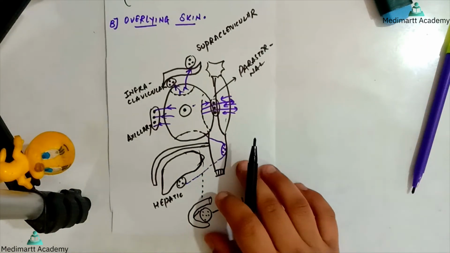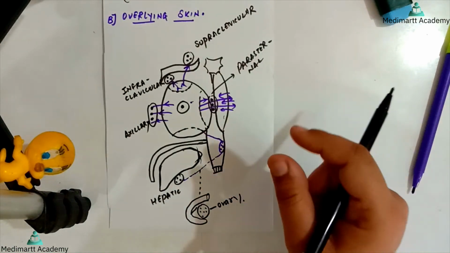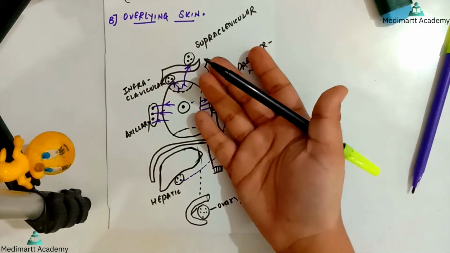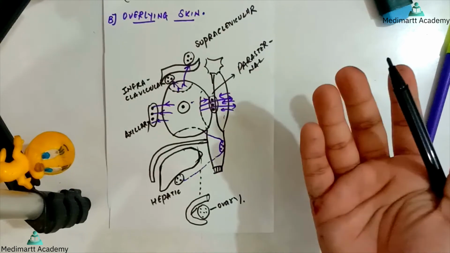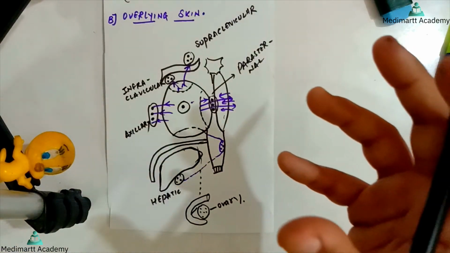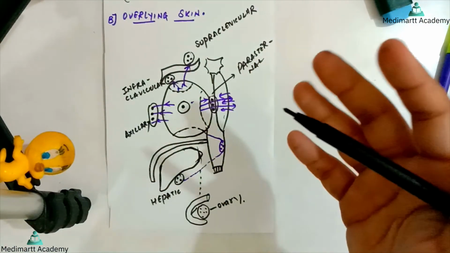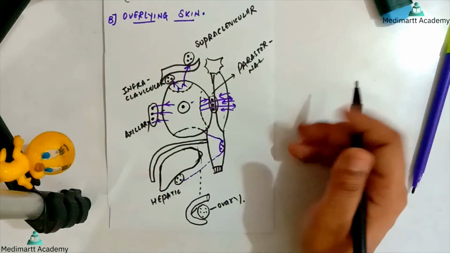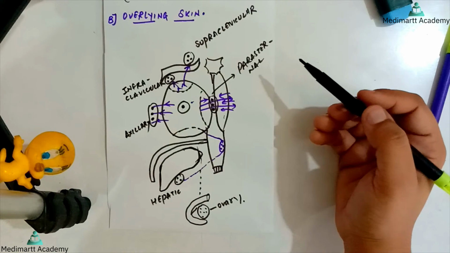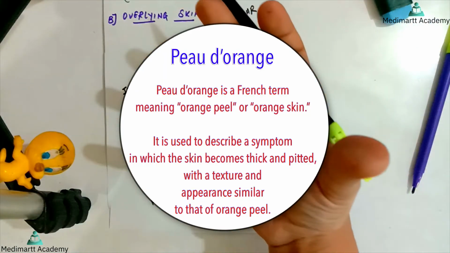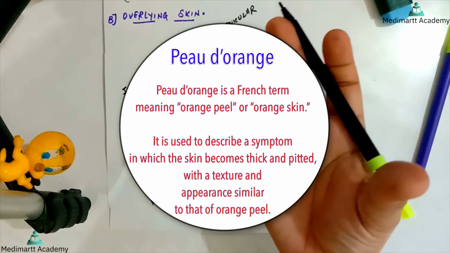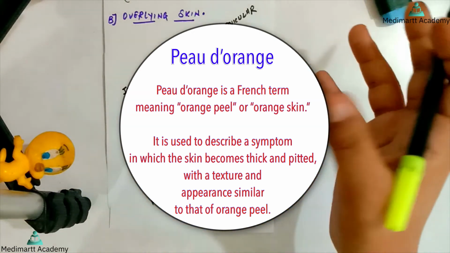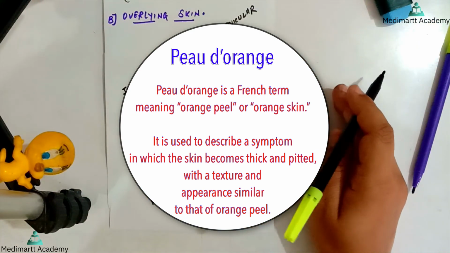Then whenever the superficial lymph nodes of the mammary gland, or I can say the breast, are filled with some fluid and become edematous due to obstruction of the superficial lymph vessels, the breast becomes stiff like that of an orange, and this problem is called peau d'orange of the breast. Okay, so that's it.